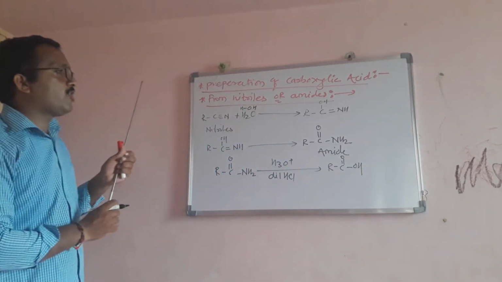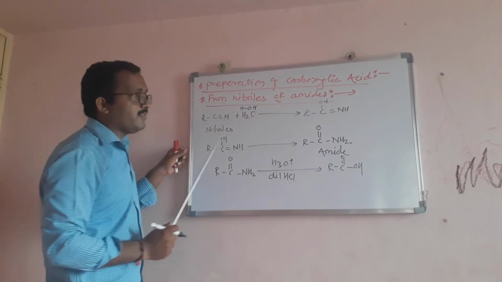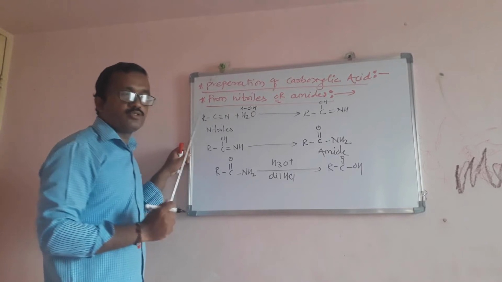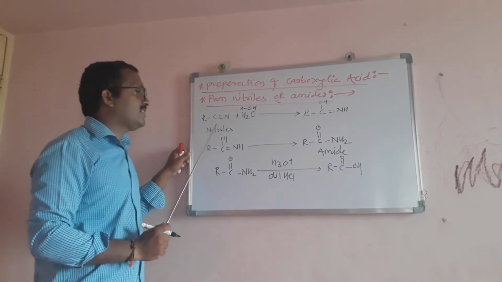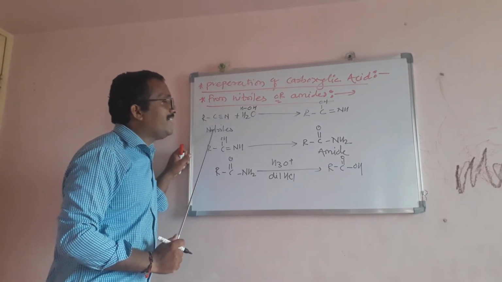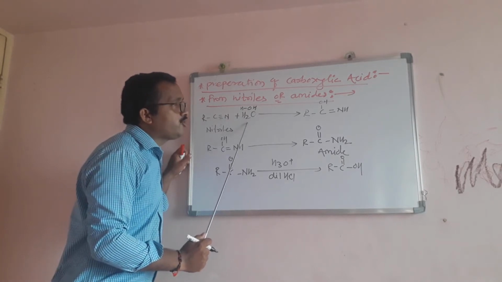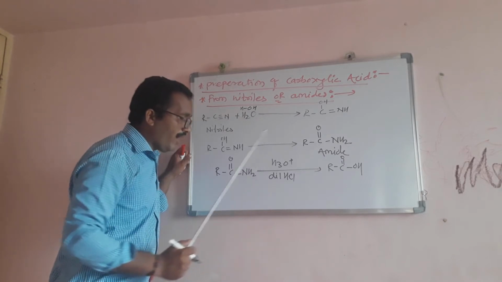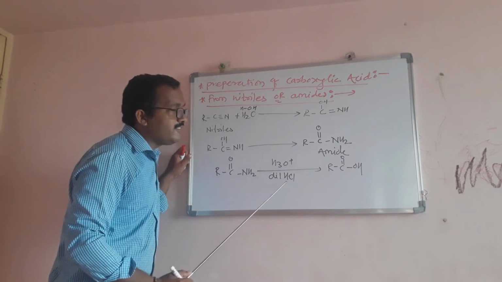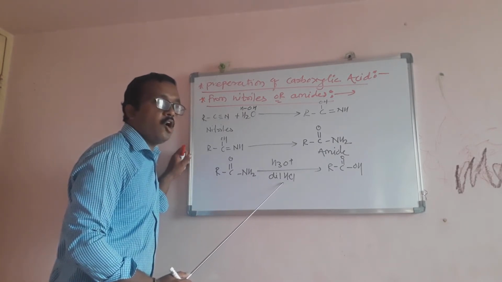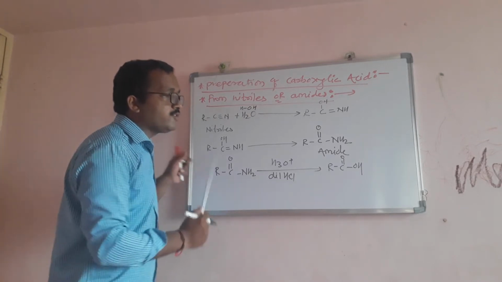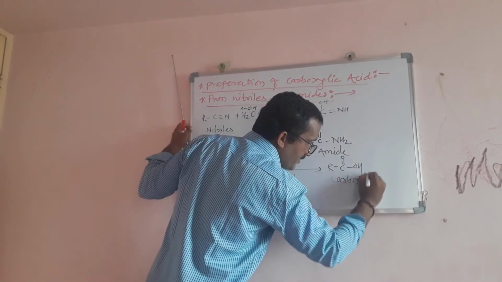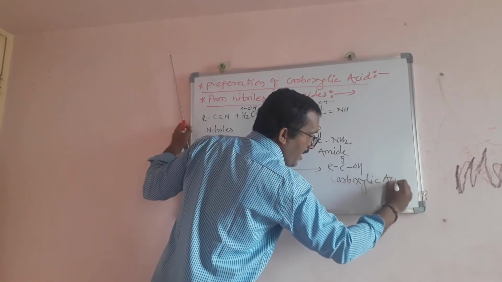That is the formation of carboxylic acid from nitriles. Let me repeat: nitriles undergo hydrolysis to form amides, and these amides again undergo hydrolysis with dilute HCl or H2SO4 to give the corresponding carboxylic acids.